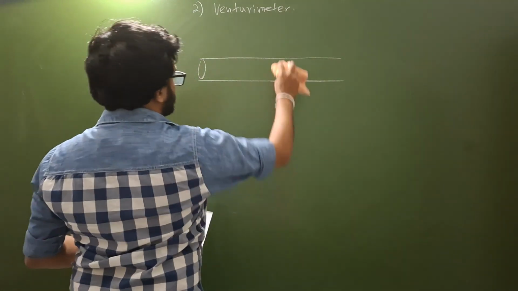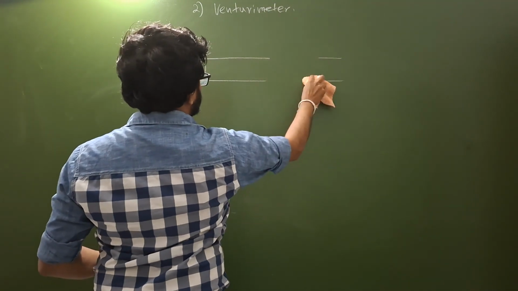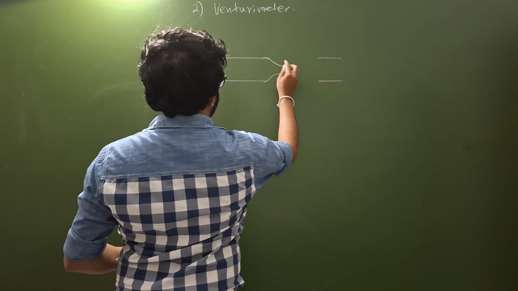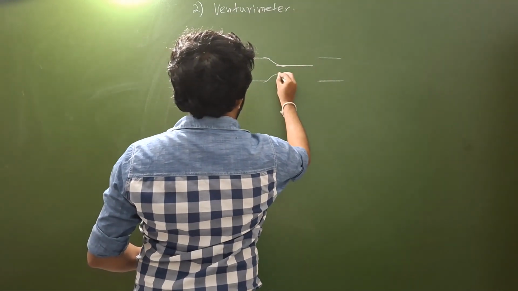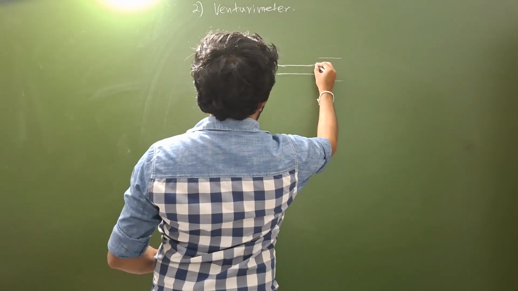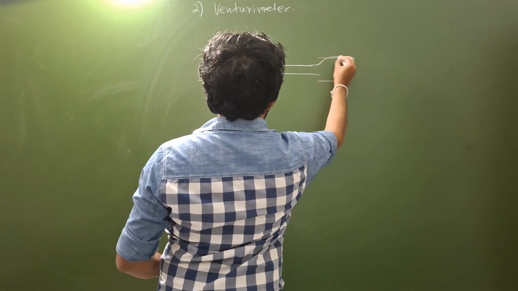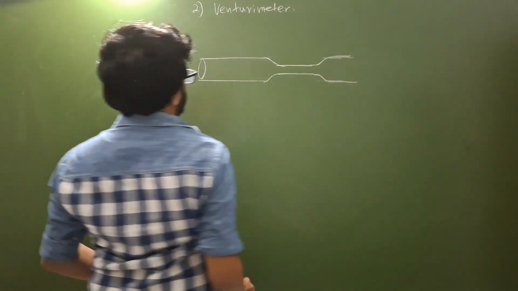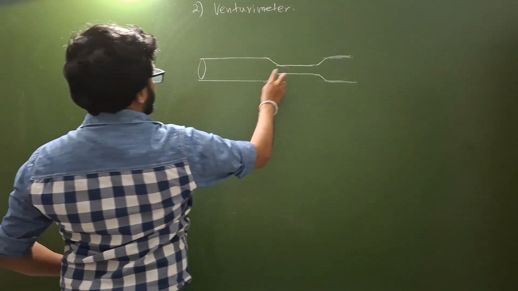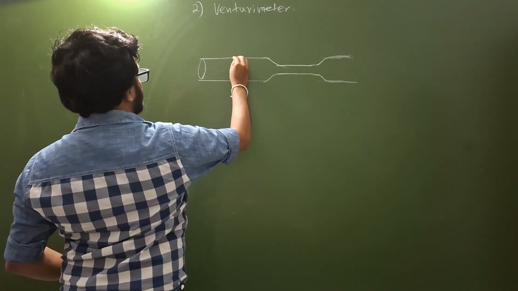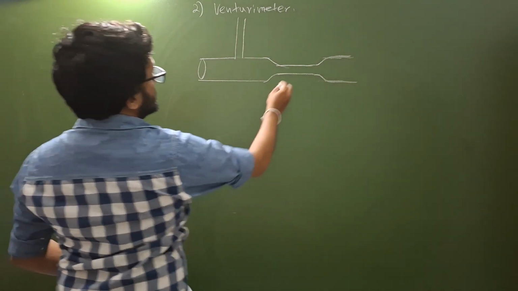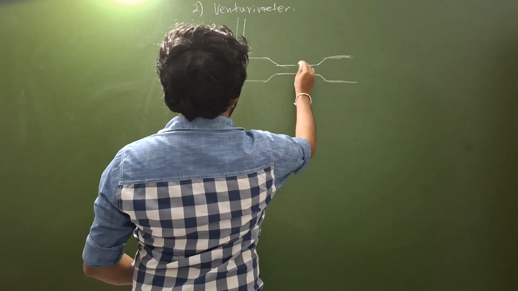What we do is we break this and we connect a smaller radius pipe like this. At some point we have to again connect to the existing one. Then we need some vertical pipes connected to these two pipes like this.